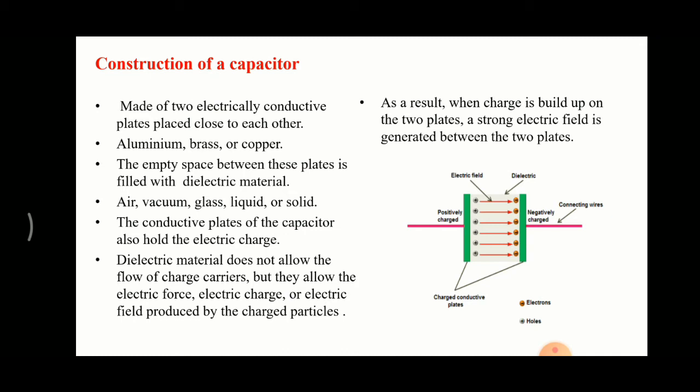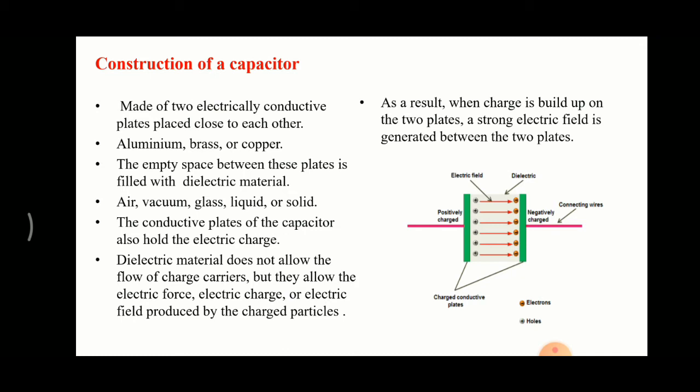We know that electric current is the flow of charge carriers, whereas electric force is the property of electric charges. So the dielectric does not allow the flow of charge carriers, but it allows the electric force.